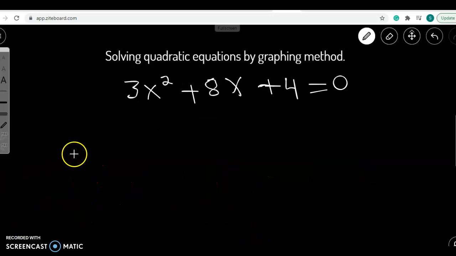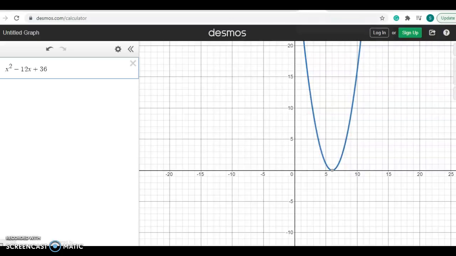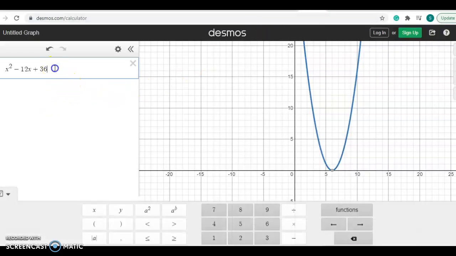Okay, so let's look at another example. If you have 3x squared plus 8x plus 4 equals 0, we want to solve this by the graphing method, and then we get our factored form. So let's pick our Desmos graphing calculator.